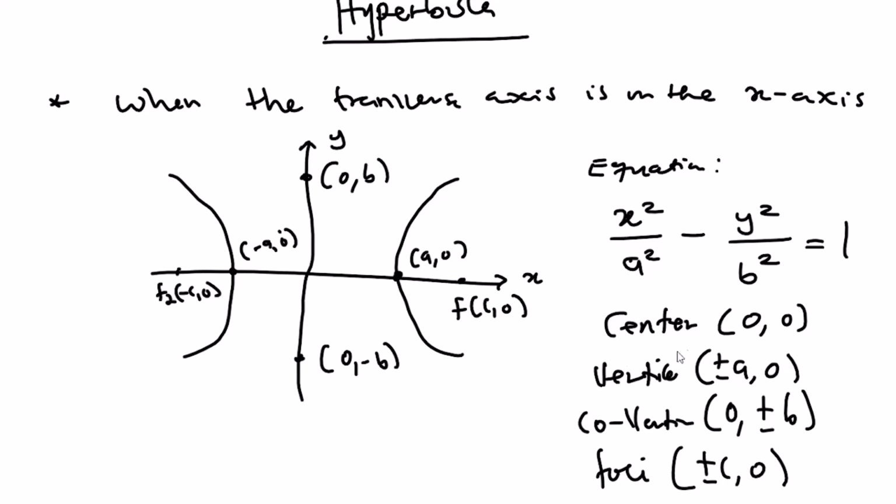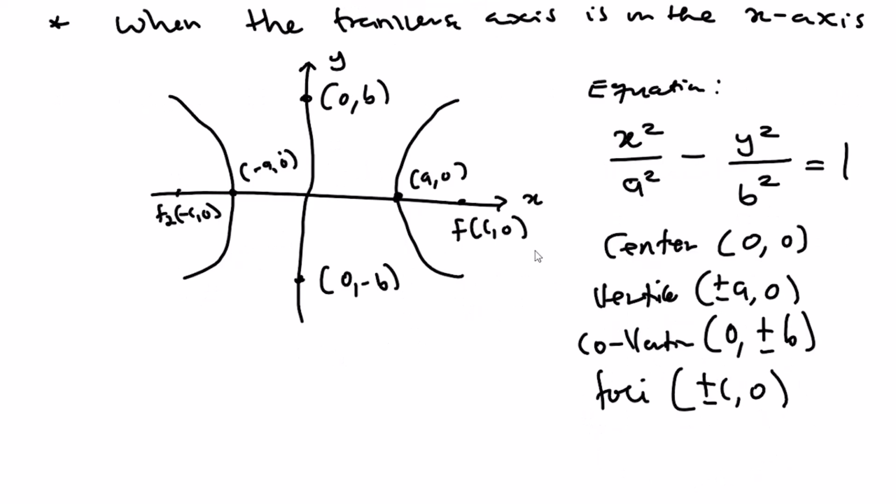Now in this case, to get C squared, it is going to be A squared plus B squared. Now remember when we were doing that of the ellipse in our previous videos, that one was A squared minus B squared, but in this case it's different from that.